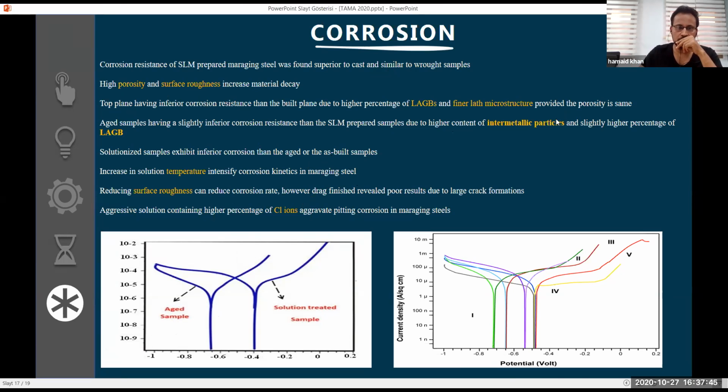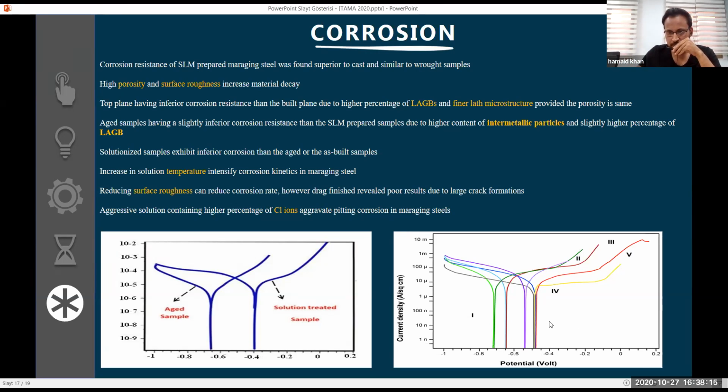Now, as we know, there will be more intermetallic compounds on the surface, so the characteristics of the oxides on top of it are going to be different. This discontinuity between the oxides can lead to different corrosion characteristics. It means weak structures and weak passive layers can be created, as a result of which it will be easy for the aggressive solutions to peep in through it and destroy the surface.